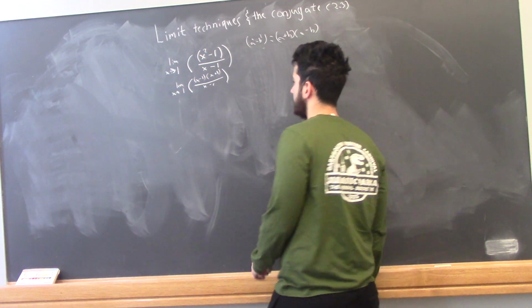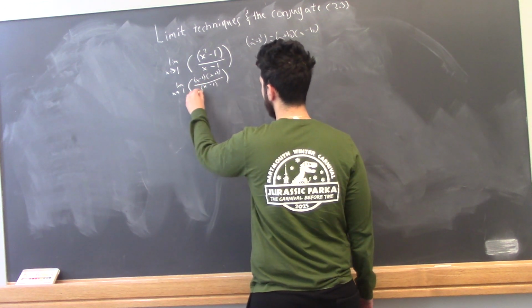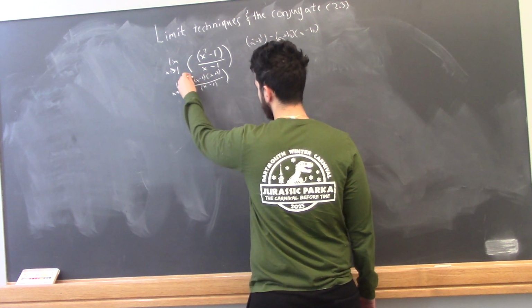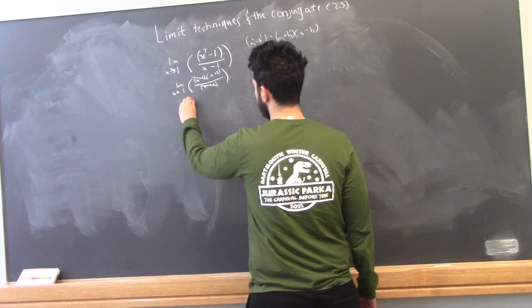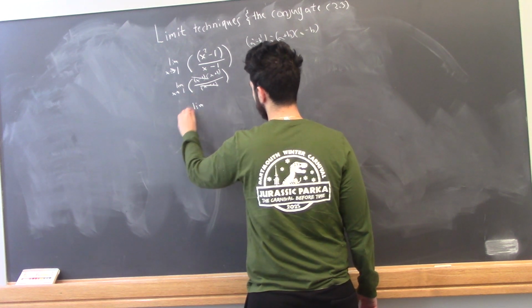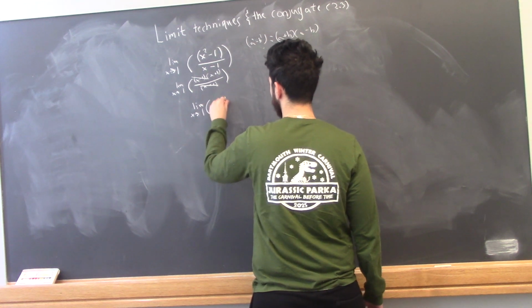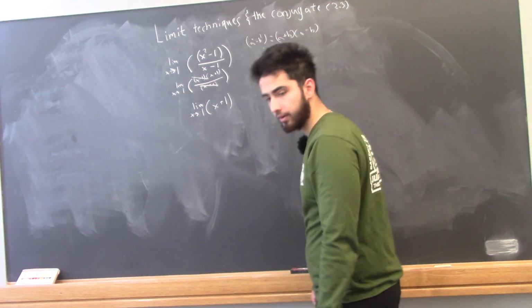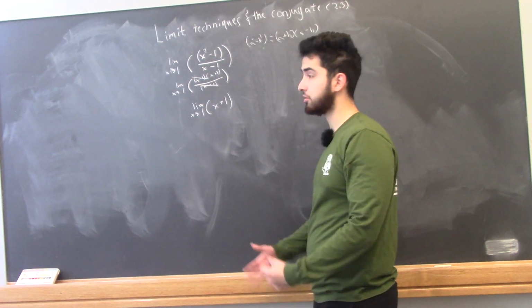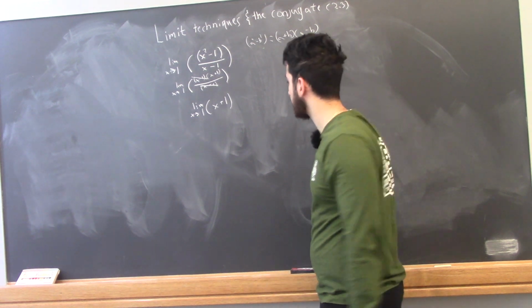Okay, well, because we're multiplying and then dividing by x minus 1, we can just cancel, cancel. We have not taken a limit, so it's still there, of x plus 1. All right, well, we just did some algebra. Let's go back and see if we can just plug it in, right?